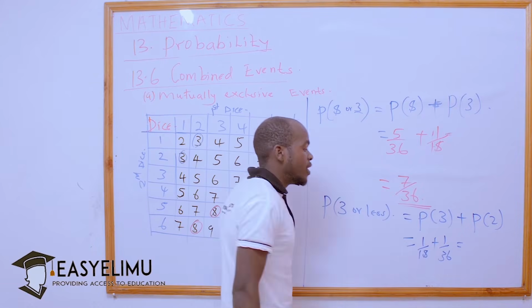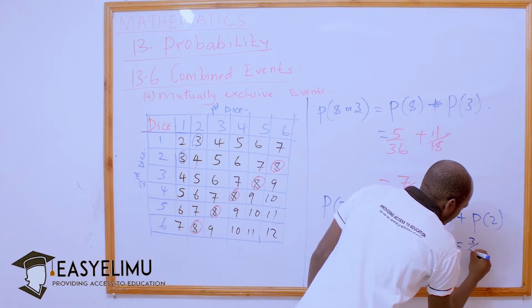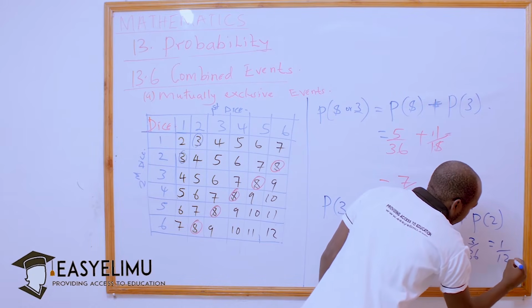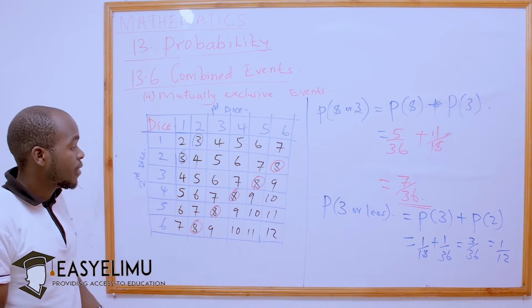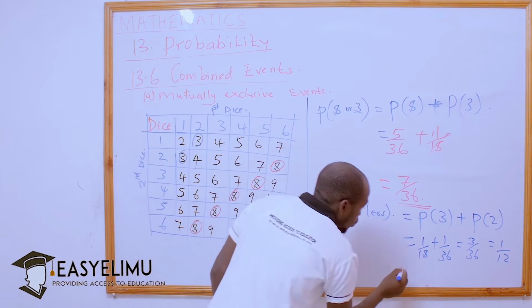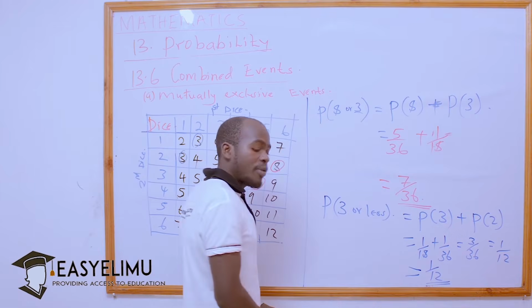If you add these up, they are going to give you 3 over 36, and that is the same as writing 1 over 12. So the probability that the sum of the faces showing up is 3 or less will be equal to 1 over 12. That's how we find out.